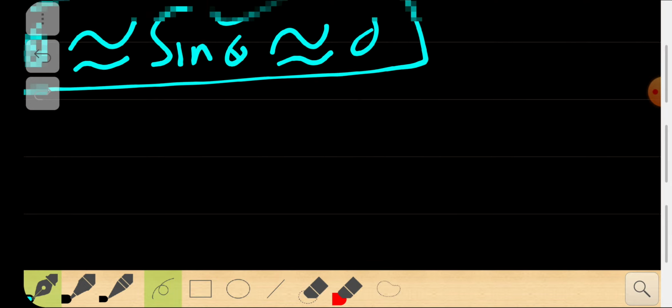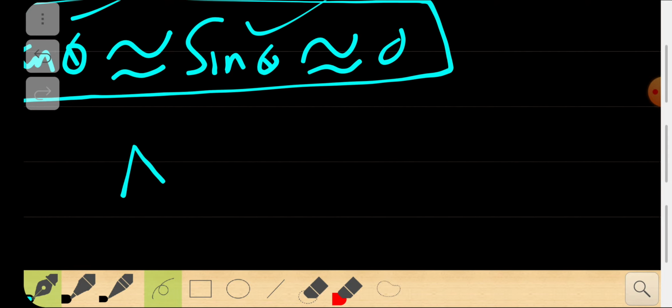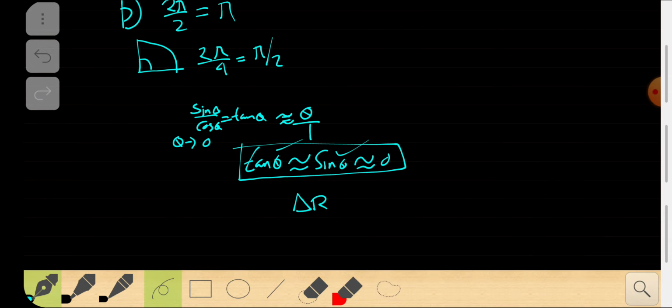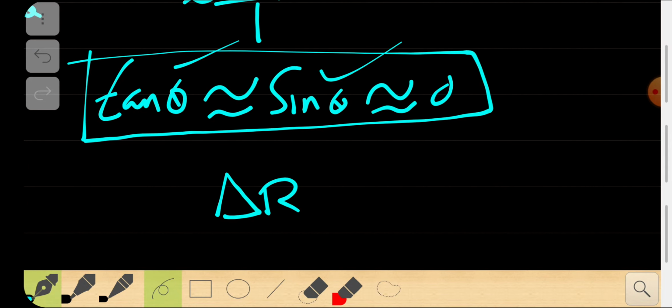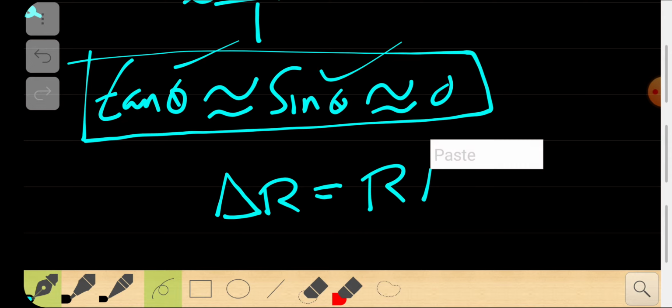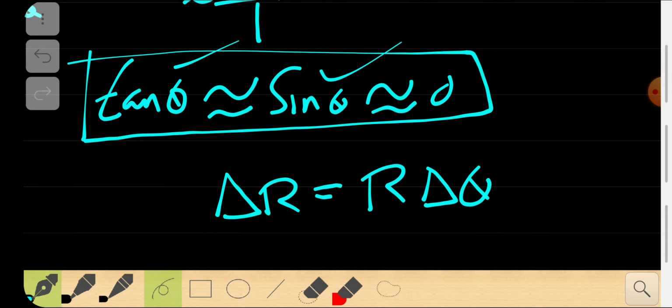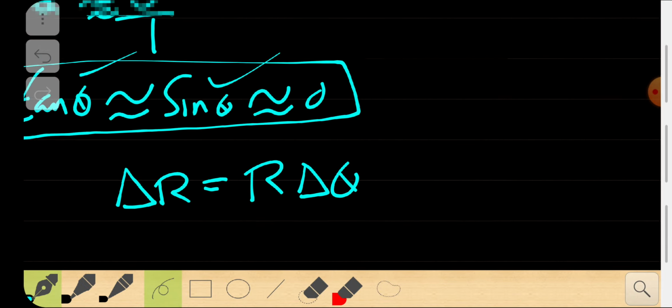We have now got delta r, which is the radial distance. Delta r can be represented in terms of r times delta theta. We have mentioned that, right?